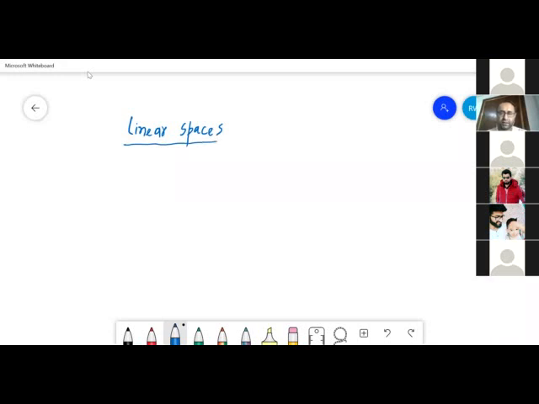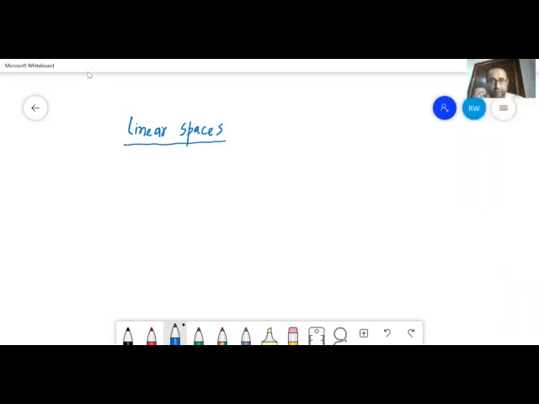But for today's lecture, there should be no ambiguity between linear space and vector space. Vector space mathematically has a richer structure as compared to the linear space.